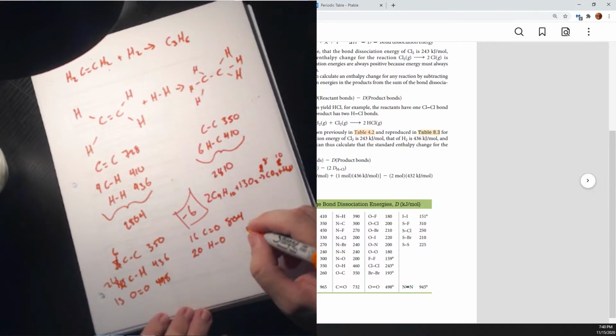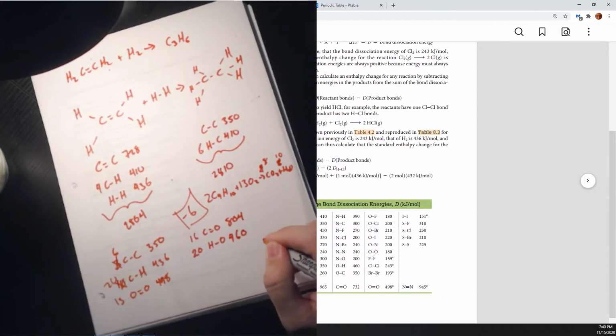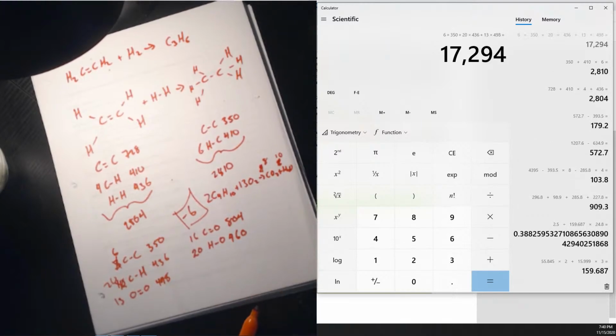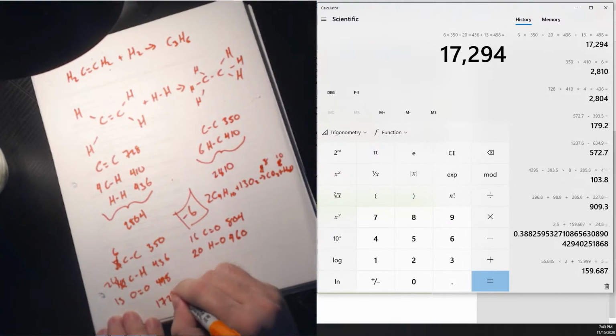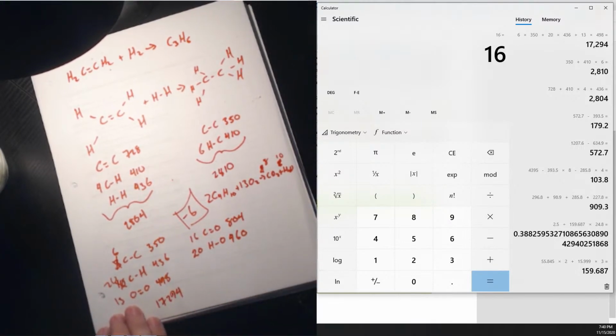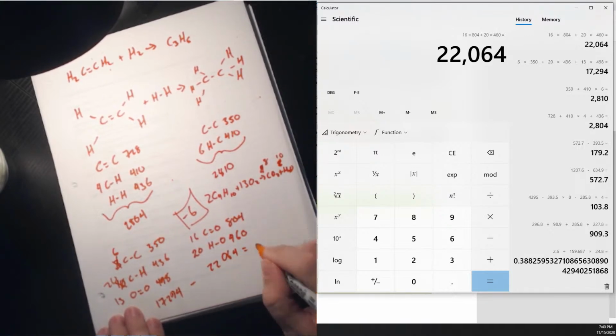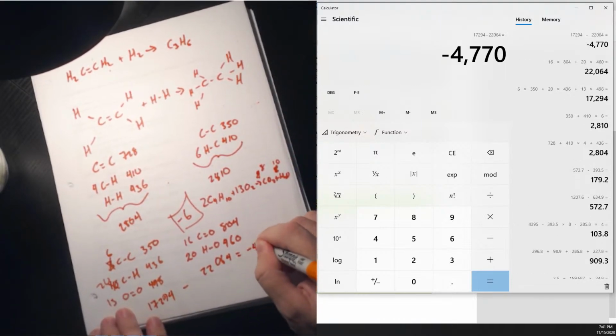Oh, nope, 460. So we add up all of our reactants. 6 times 350 plus 20 times 436 plus 13 times 498 is 17,294. 16 times 804 plus 20 times 460 is 22,064. That minus that: 17,294 minus 22,064 is negative 4770.